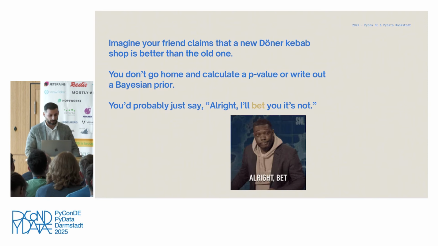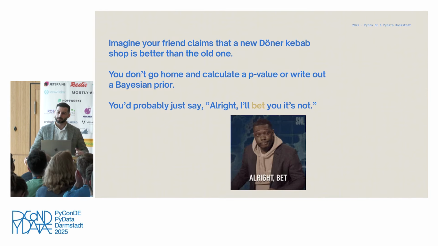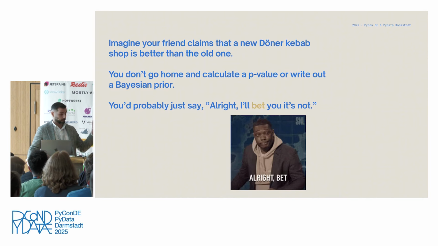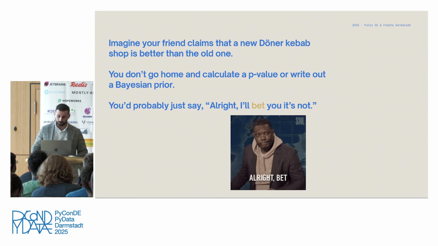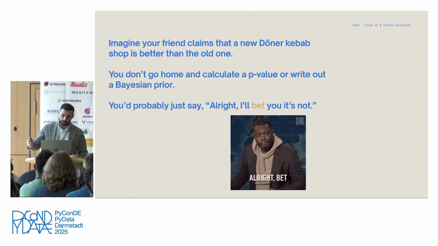Let's move on to the intuition. So I would like to build up some intuition in you. For those of you that have not been exposed to this, this is supposed to be an understanding that we will walk through. Imagine that your friend claims that a new doner kebab shop is better than the old one. You don't go home and calculate a p-value or write out a Bayesian prior.